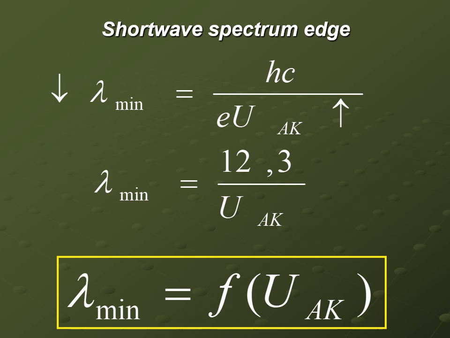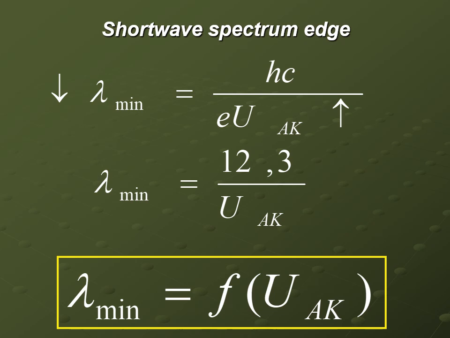We can have the photon energy written as h multiplied by the frequency of the X-ray quantum, or we can express the frequency in terms of the wavelength, that is, c divided by lambda. We have Planck's constant, a value that does not change. The speed of light also does not change, and the charge of the electron does not change.